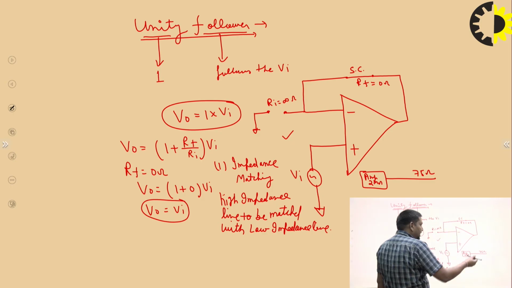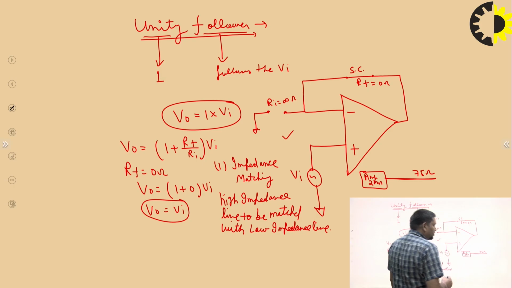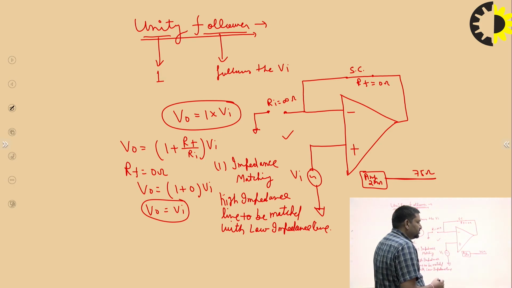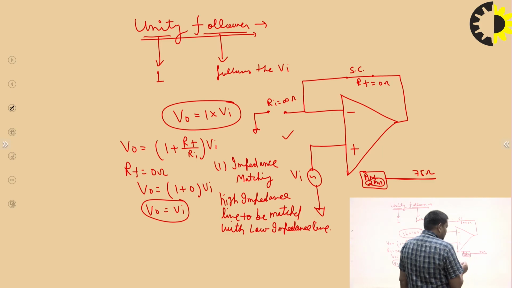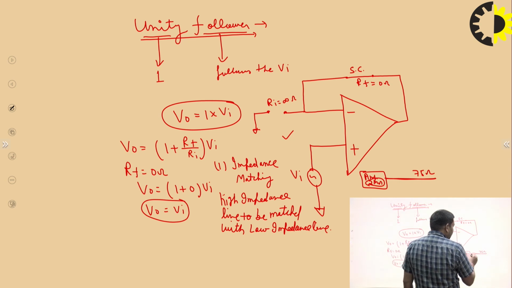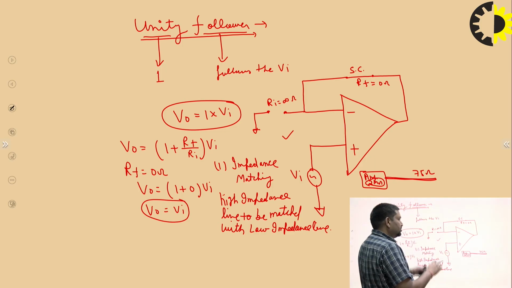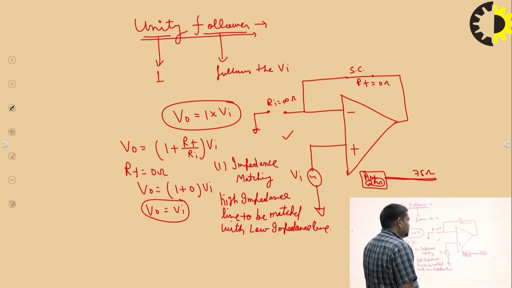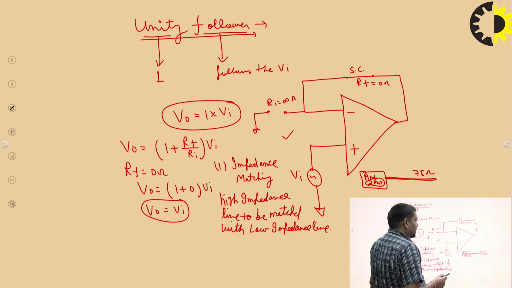If we directly connect this cable to the amplifier output, most of the power will be reflected back because of the impedance mismatch, because the amplifier output stage has impedance Z0 equal to 2 mega ohm, but the cable has an impedance of 75 ohm. Because of the impedance variation, most of the power is reflected back to the amplifier.